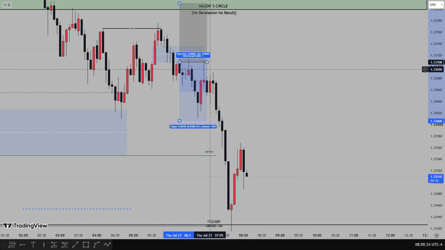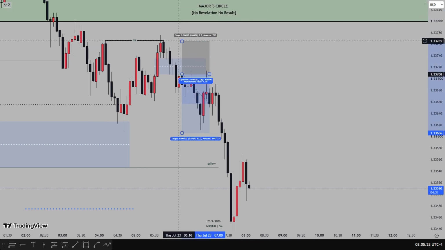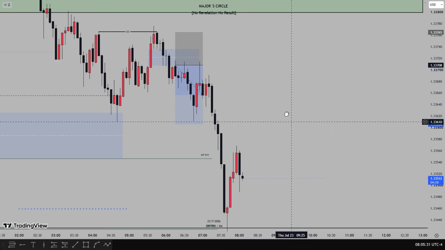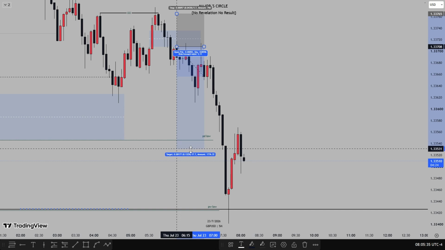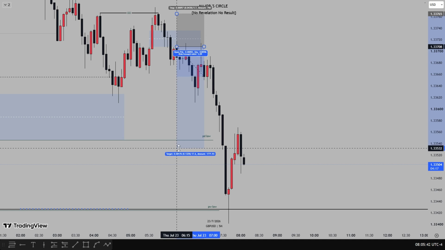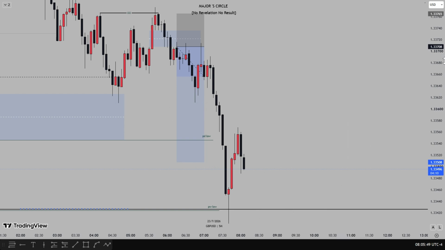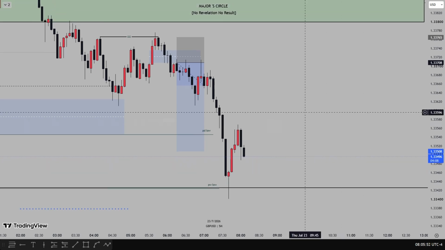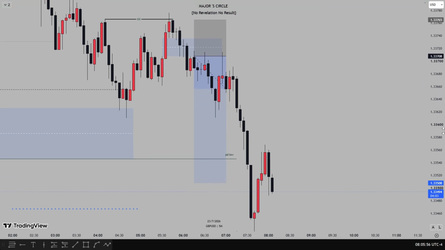So it was validated. Then the stop loss is just slightly above that level. That is a 5 pip stop loss, targeting a 1 to 3 RR, something like this. Or initially, just 20 pips would be a beautiful target, 1 to 3.5 RR. And that is my trade for today, which unfolded beautifully.